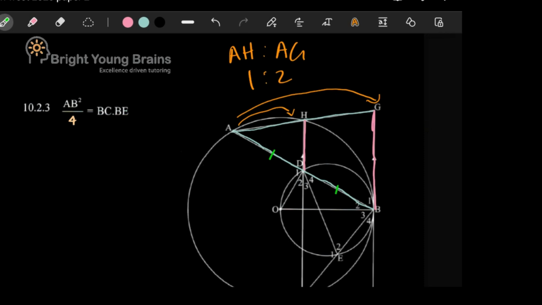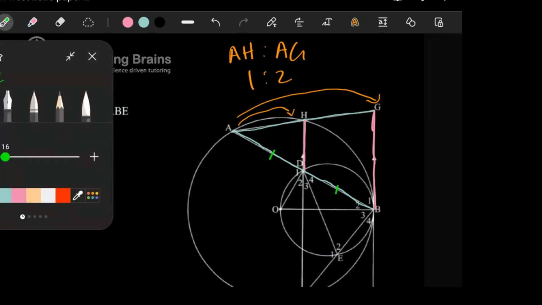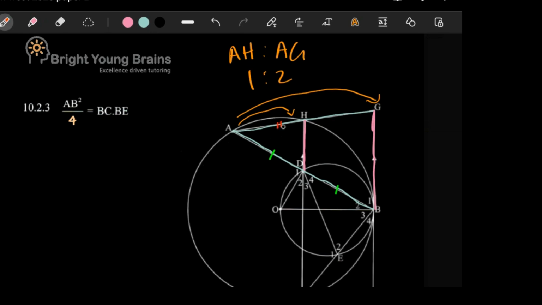Now, the fortunate thing is, without us knowing that this ratio here is 1 to 2, as long as the ratio between AH and AG is 1 to 2, it is enough for us to be able to say that this is equal to that. And I'll explain why just now.